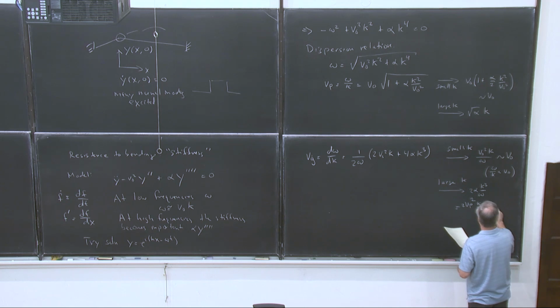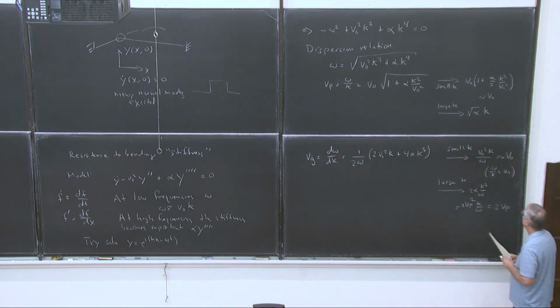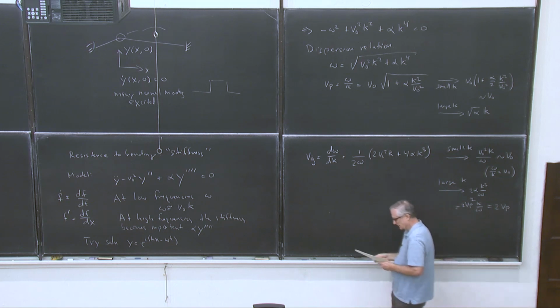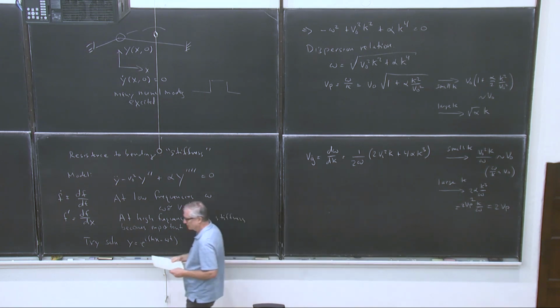So this goes to 2 v phase in the limit of large k. That is, goes to 2 times square root of alpha times k. Okay? But so v group and v phase are not the same thing anymore in the limit of large frequencies.